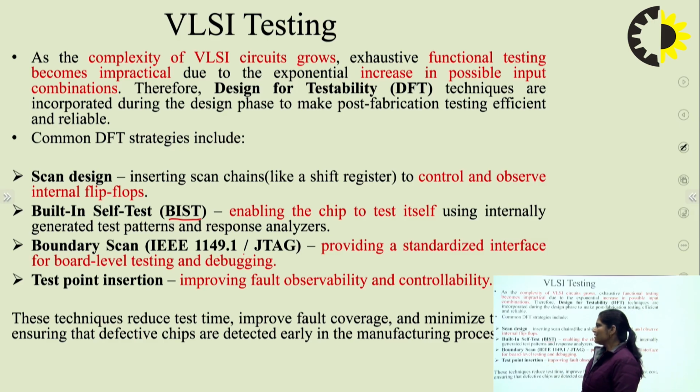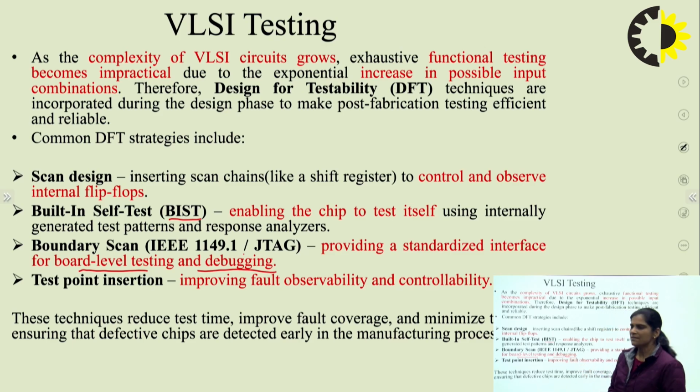Now third is boundary scan. It provides a standard interface for board level testing and debugging in the circuit. Now the next is test point insertion. So it improves fault observability and controllability.